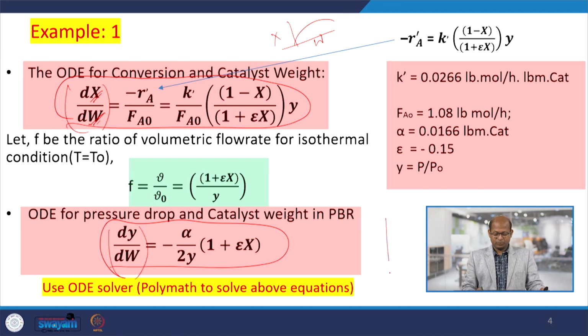Pressure also changes, y, that is P by P naught, with W, so pressure drops will be there.